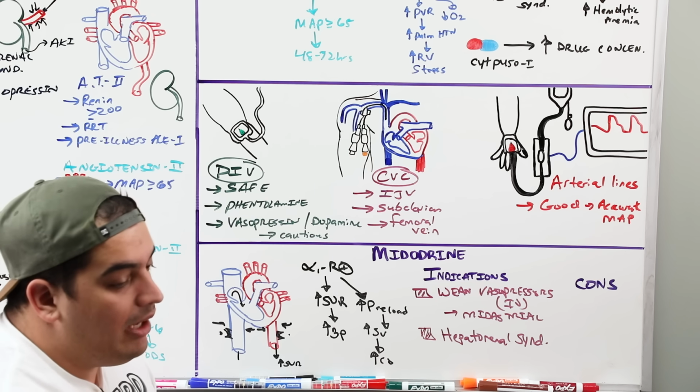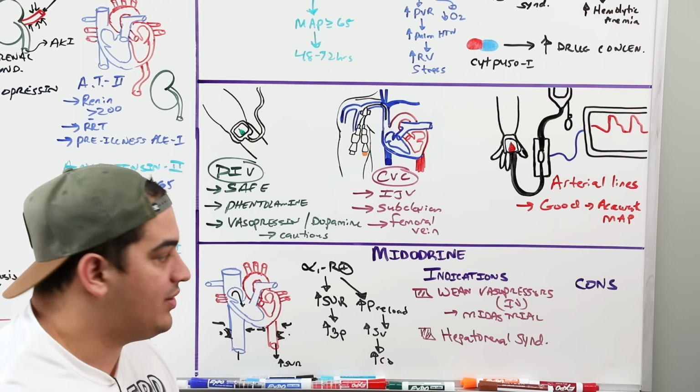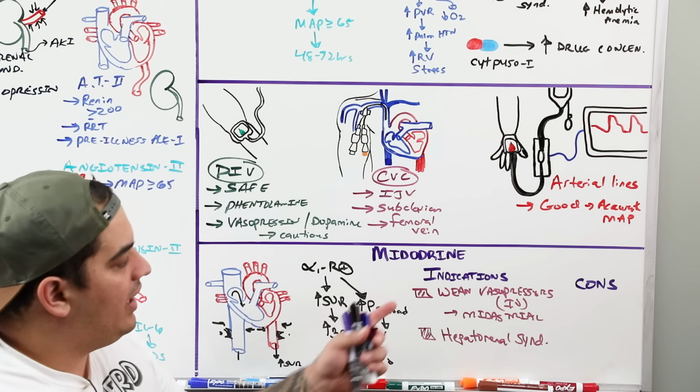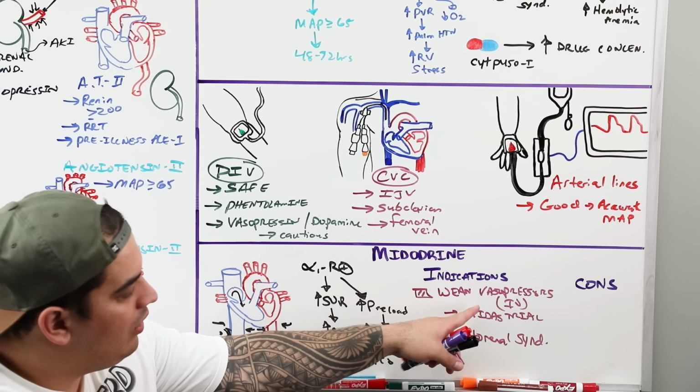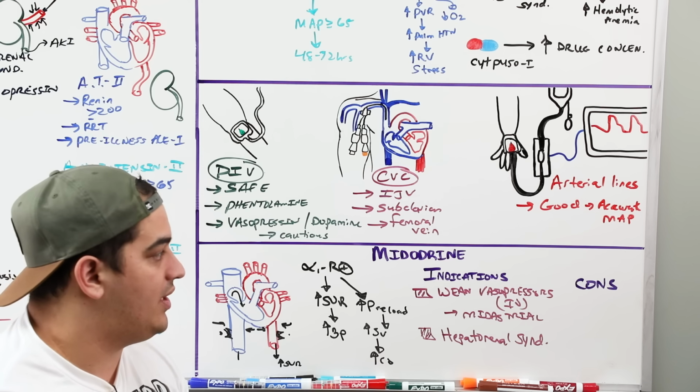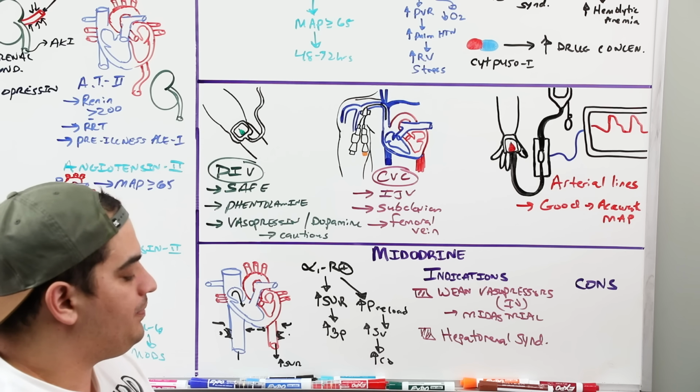So in that situation, it may be somewhat helpful. You usually give something like Midodrine and octreotide as well. Again, indication-wise, sometimes we'll utilize this to wean off the IV vasopressors. The MIDAS trial says that it's maybe not that effective, but you can also give this to patients in hepatorenal syndrome. What are the cons of this drug?